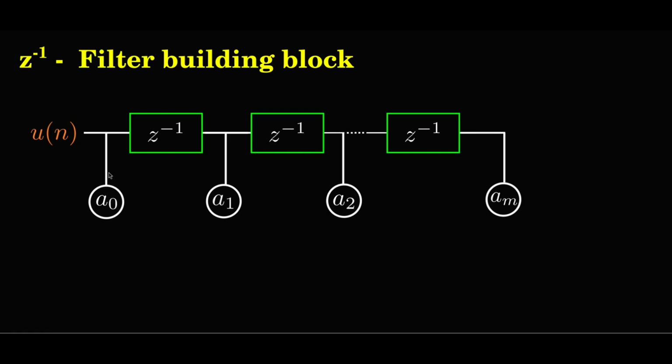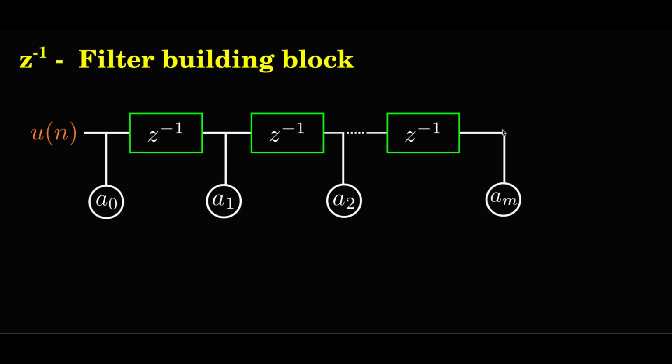What you should understand is, if I take the present moment as u of kt, the value at kt is u of kt, then the value available here would be u of (k minus 1)T. The value that will be available here is u of (k minus 2)T.